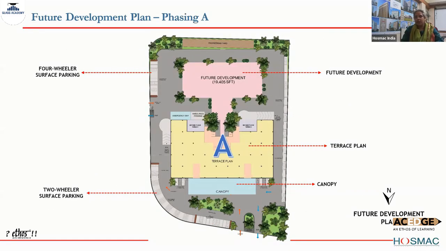So this is the one which was chosen. We proceeded with this. It's a hung canopy. And the future development we left at the back with a connection in the middle. The point of A, if you see where the A is written, that is where we would have given a connecting bridge, and a future development of another building would have come in place.